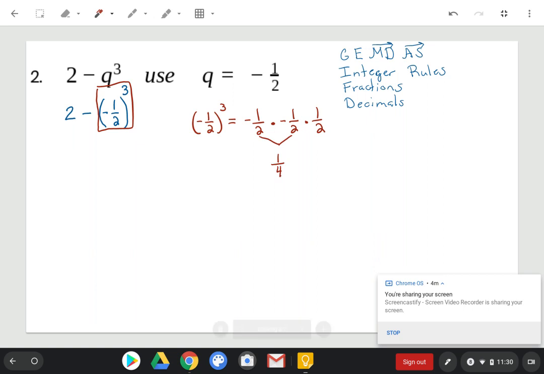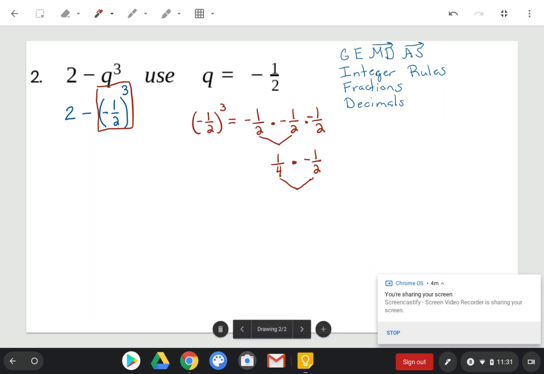So negative 1/2 times negative 1/2 is positive 1/4. But I still need to multiply that by this last negative 1/2. And I don't know if you notice, I just snuck that negative sign in because I forgot to write it earlier. Okay, so now we need to think about what is 1/4 times negative 1/2.